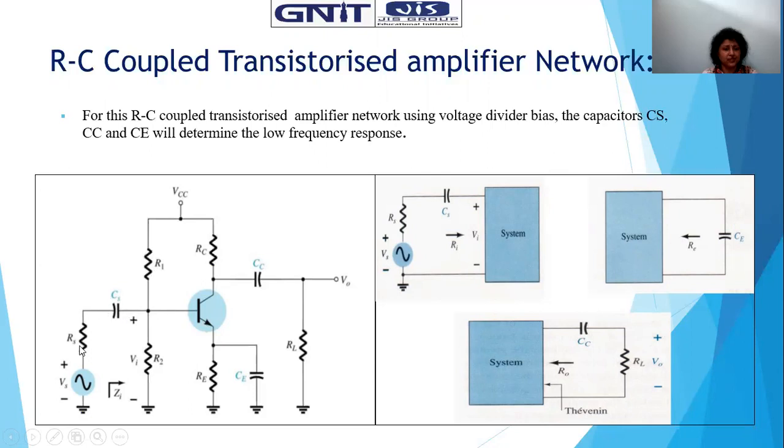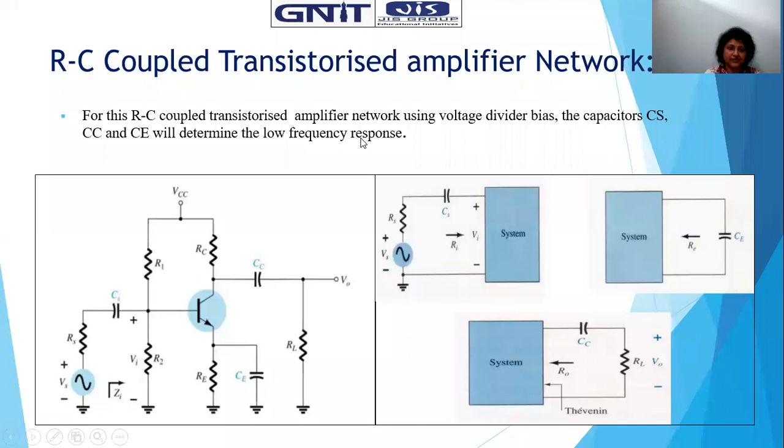There should be no DC outflow. That's why this is the DC blocking capacitor, or AC coupling: whatever AC signal comes through the source, that signal can pass through CS with some impedance, whereas no DC will be introduced through CS. That is the DC blocking and AC coupling capacitor.